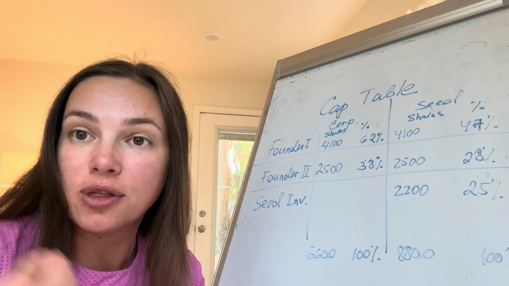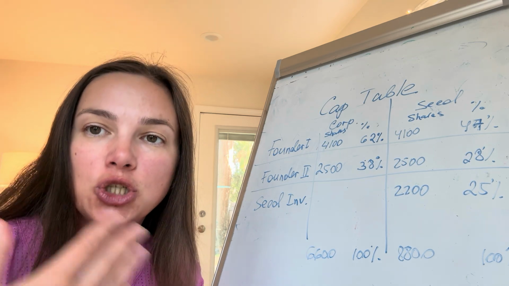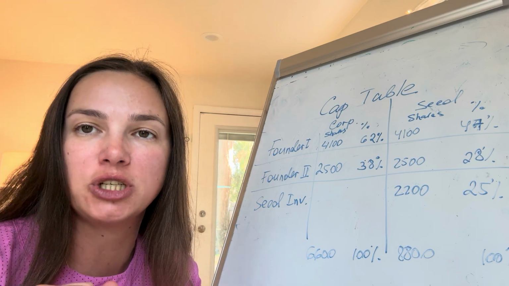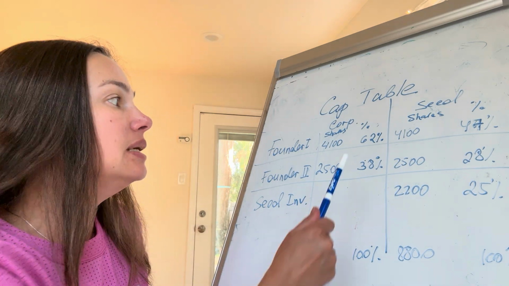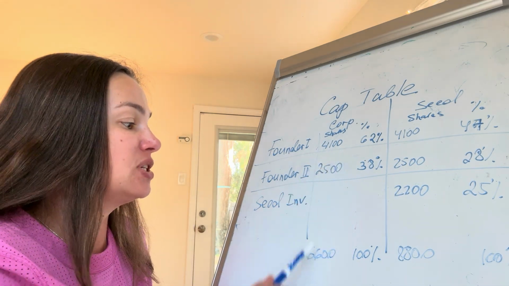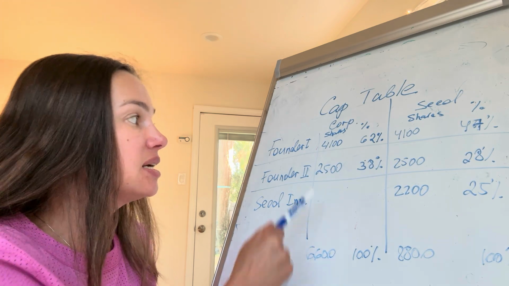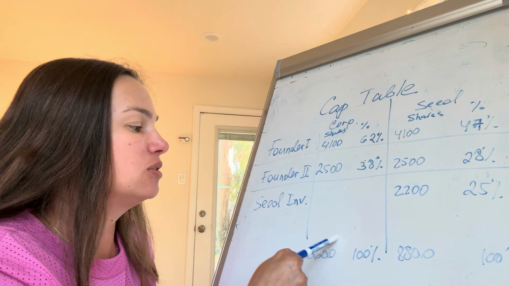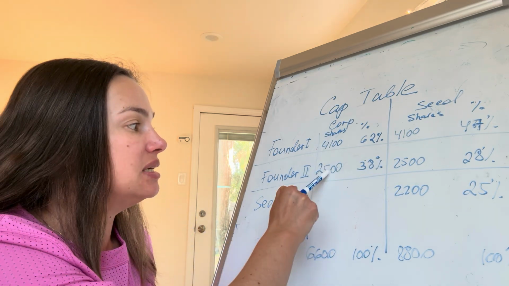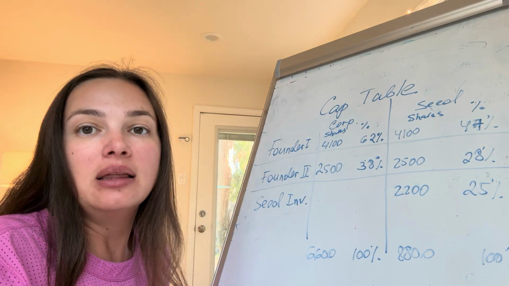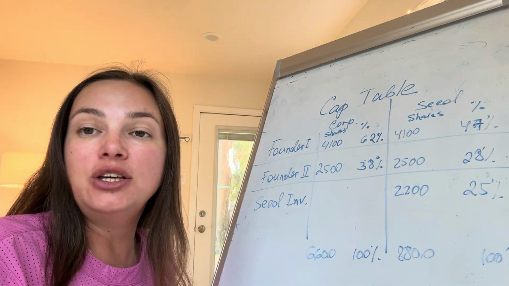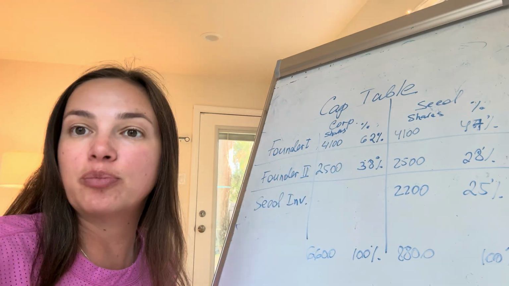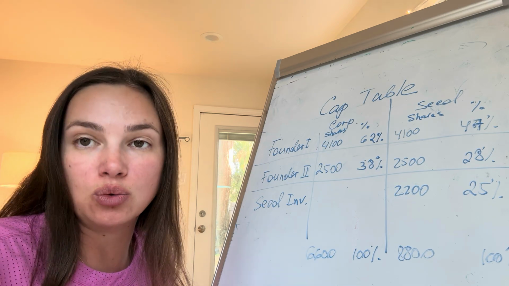Also, you can authorize shares, but you can issue them in rounds, but that's another topic. You can watch it on my channel. So basically, 62% of 6,600 is 4,100, and 38% of 6,600 is 2,500. That's how many shares each of the founders has based on their percentage of the company they own.